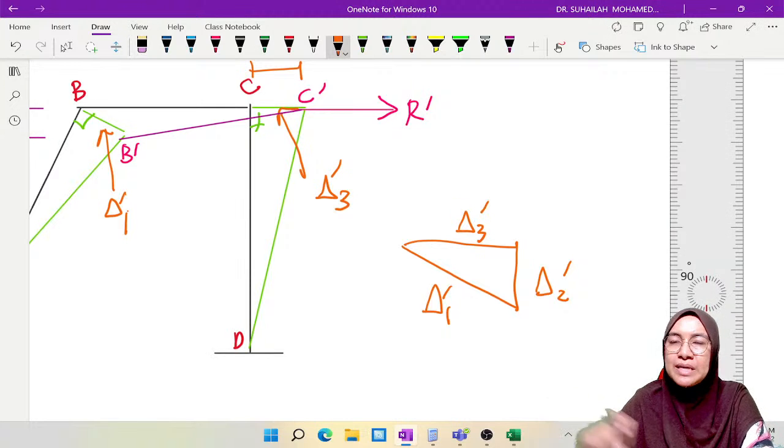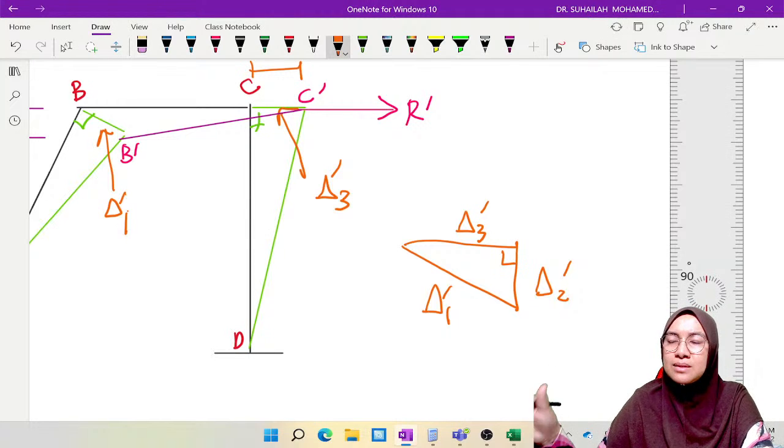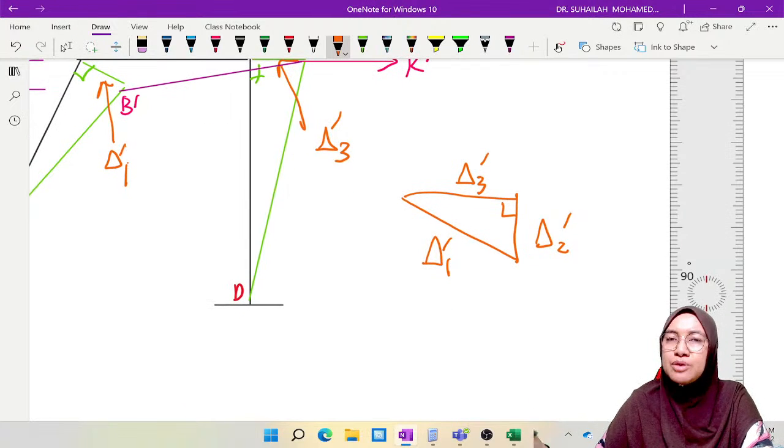So we have delta 1 prime, delta 2 prime, delta 3 prime. We will use these in the FEM due to sideway. So the ratio or the calculation of FEM for AB, BC and CD will be based on this.